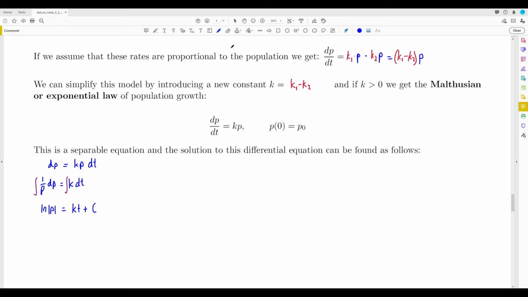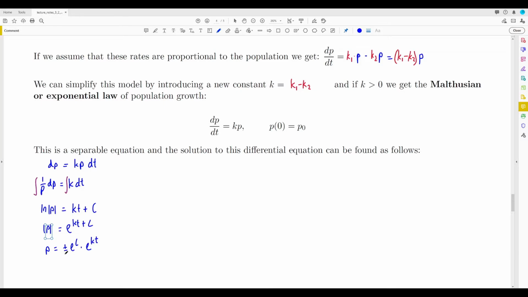Now exponentiate with respect to e on both sides, and we get that the absolute value of P is e to the power kt plus C. And if I write this as a product, then I can get that P equals plus or minus e to the power C times e to the power kt.